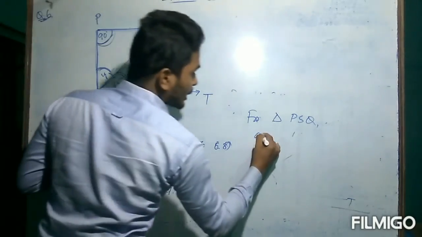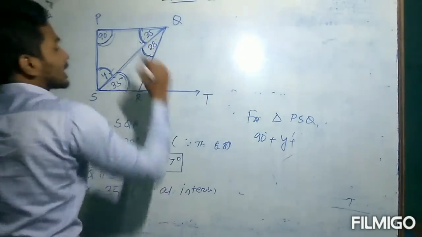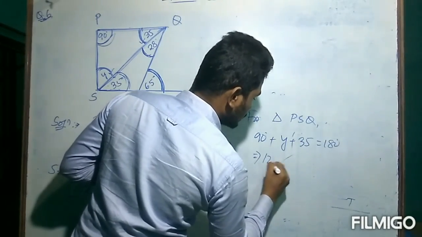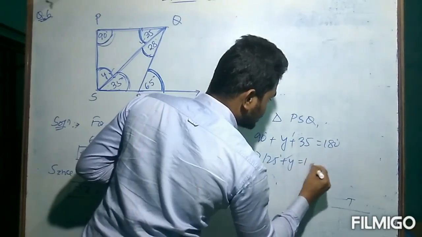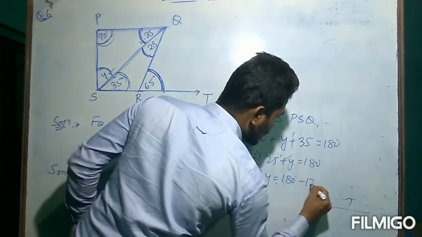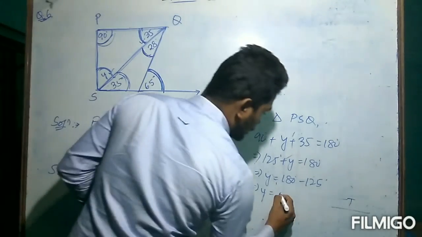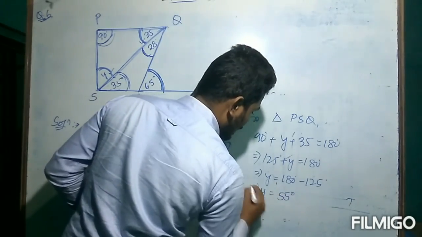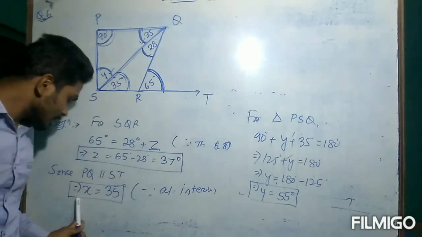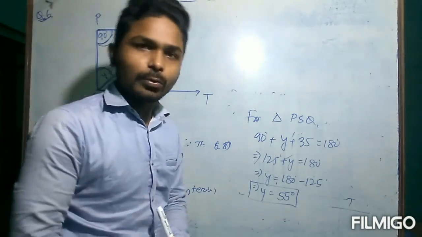So this angle plus this angle plus this angle is equal to 180 degree. So y is equal to 180 degree minus 125 degree, and y is equal to 55 degree. Okay. So finally we reach the two unknown variables' values, that is x is equal to 35 and y is equal to 50.